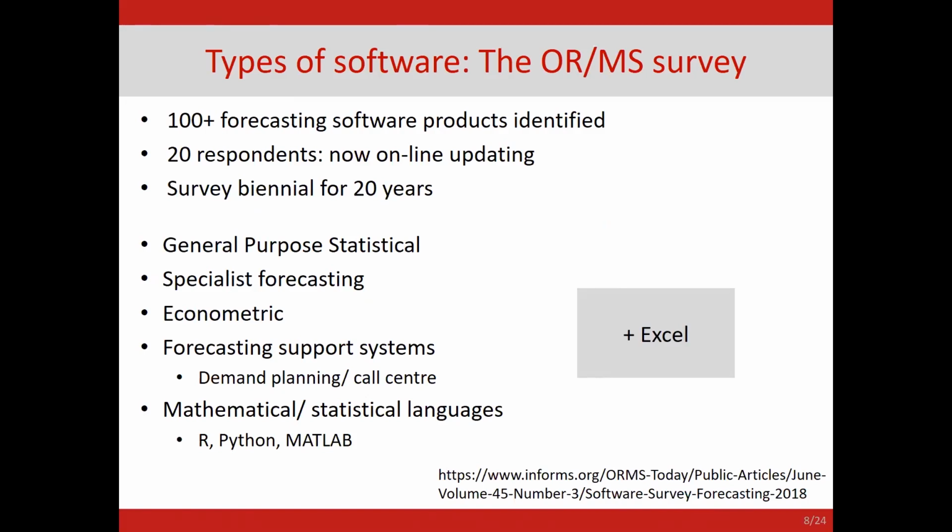I think the person who was responsible had declined and got past it for whatever reasons. So we wanted to revisit the survey from scratch. We found over 100 forecasting software products, all sorts of varieties, some very specialist, some generalist, and we're going to pick up on the types in a few moments.